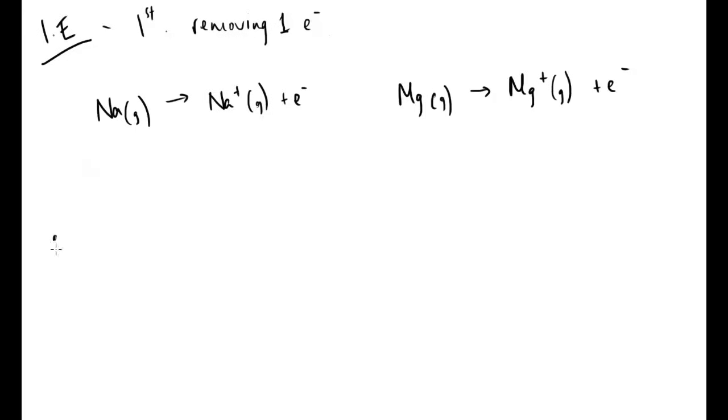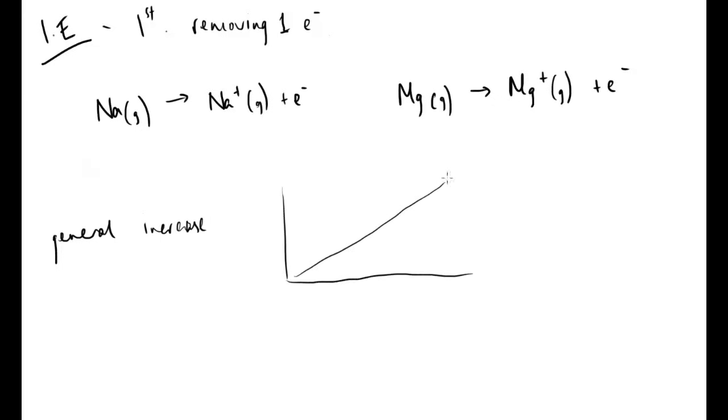So a general increase. If we had a nice little axis here, we would see a general increase, and that would be fine. That of course is too easy, and it's not strictly speaking what happens. There's a general increase, that is still true, but there is a slight difference.